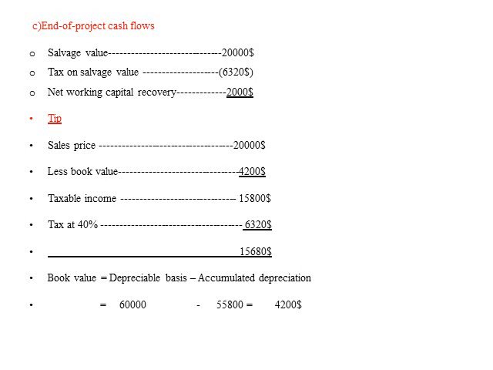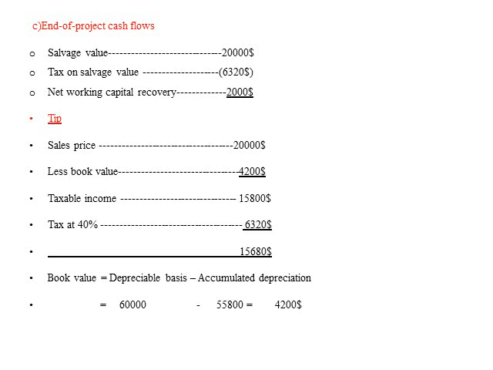So the sales price, the 20,000 minus the 4,200, will be equal to $15,800, which is the taxable income upon which we are going to calculate the tax at 40%. So multiplying 40% times 15,800 will give me 6,320. So the tax on the salvage value will be 6,320, and you have to show these calculations if you are required to solve such a problem in the exam.